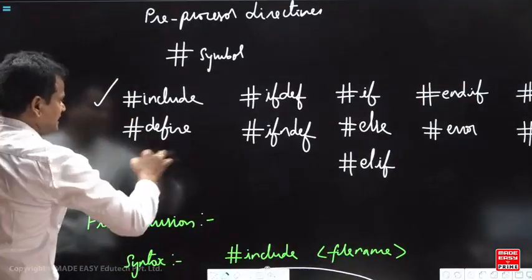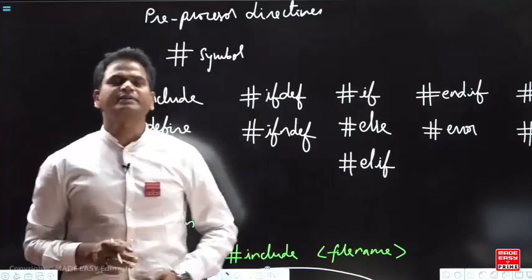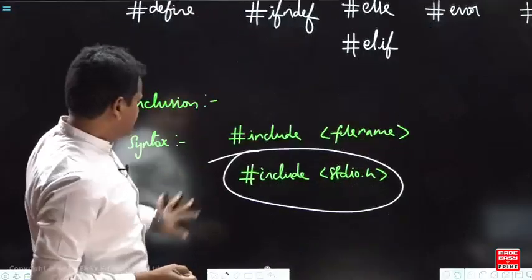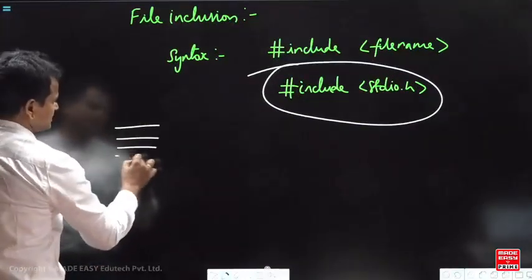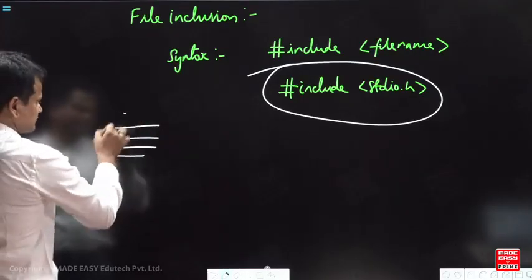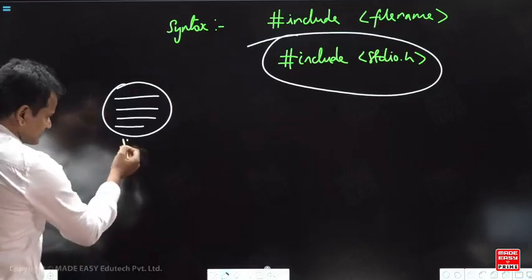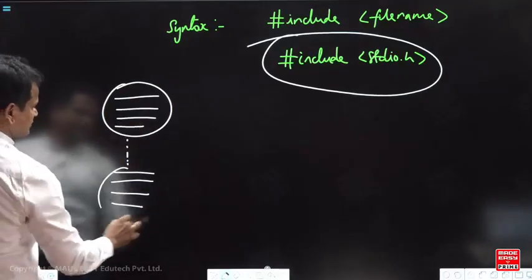Okay. Next, hash define. This is used for defining a macro. What is a macro? Suppose in the program you are using some instructions. And this is the remaining program. After some lines of the program, again we are using the same set of instructions.